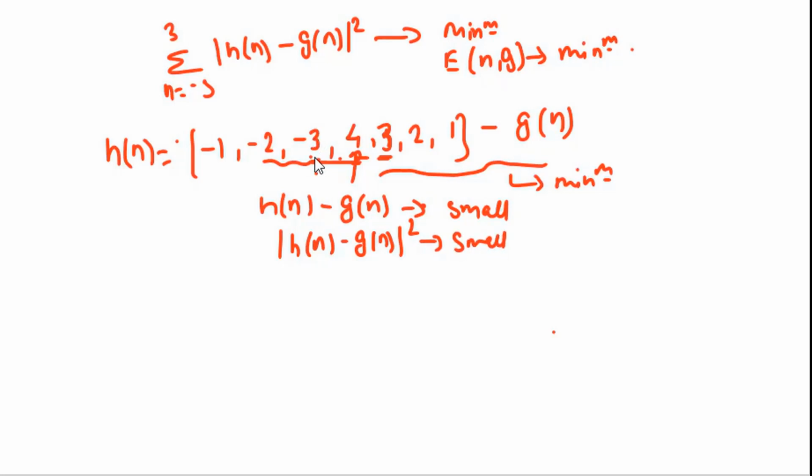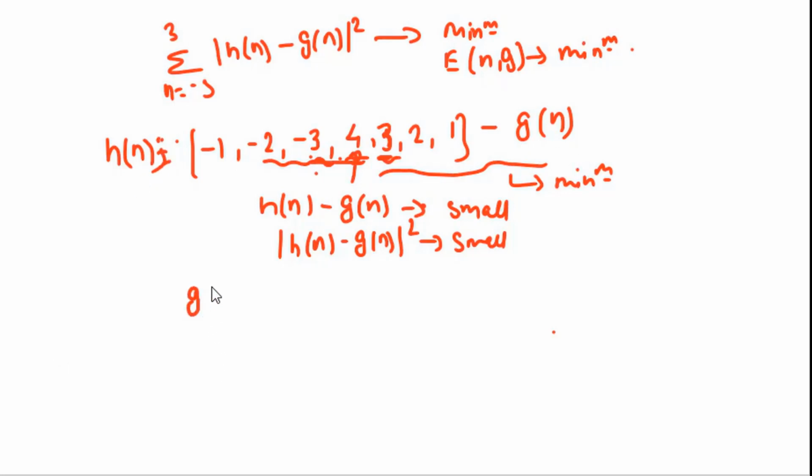So if you subtract the highest values from h of n, then h of n minus g of n will be small.